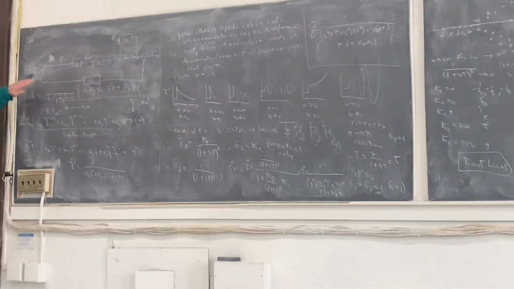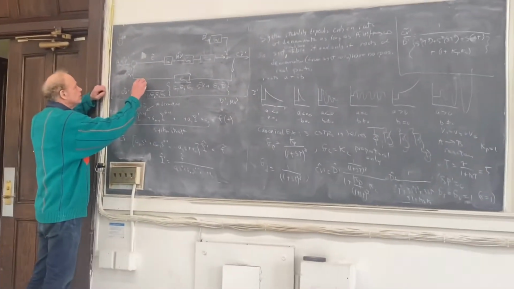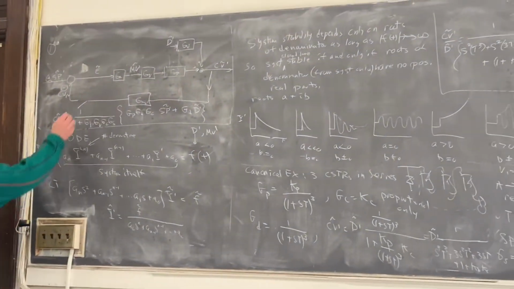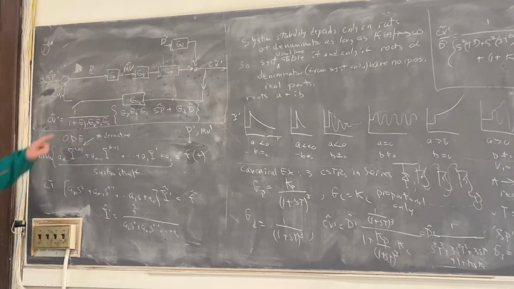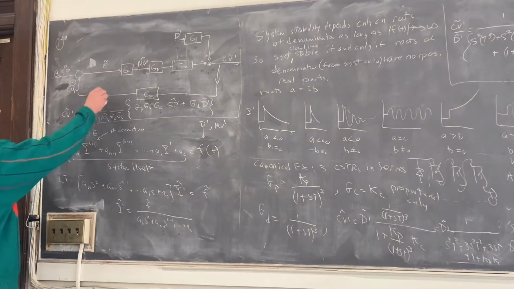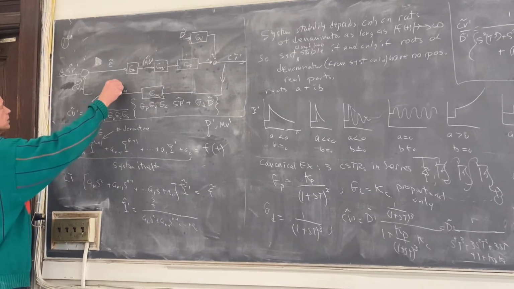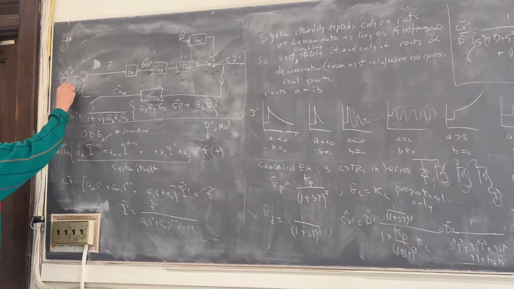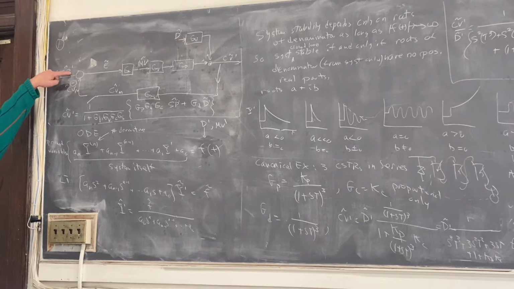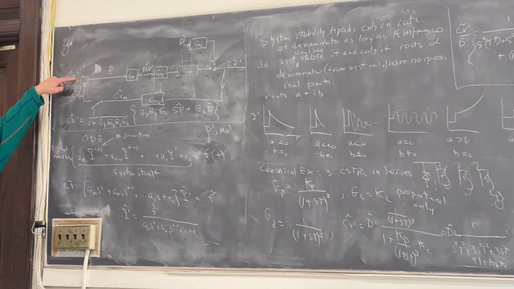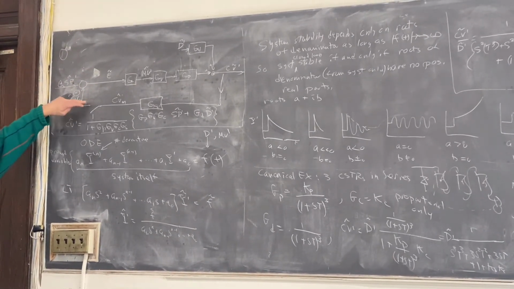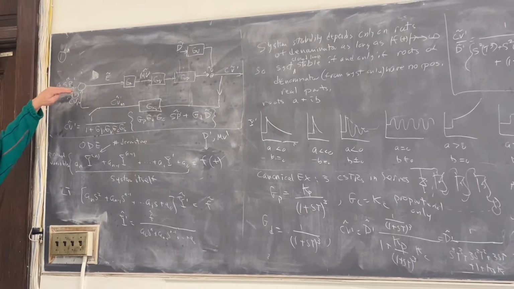By open loop, the idea is we open the system here. So when the system is open loop, the CV, prime tilde, doesn't get fed back to here. That's the open loop system. The closed loop system is where the feedback actually happens.